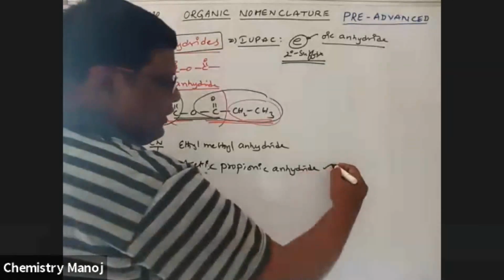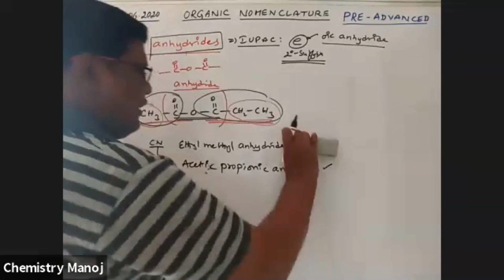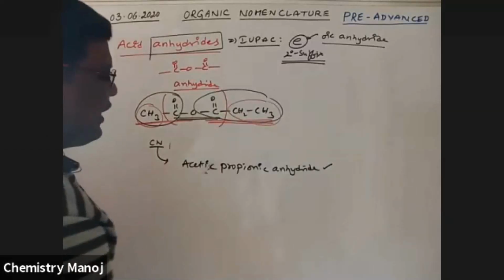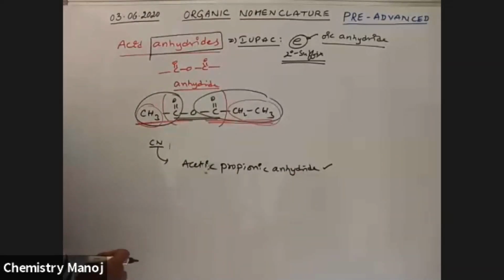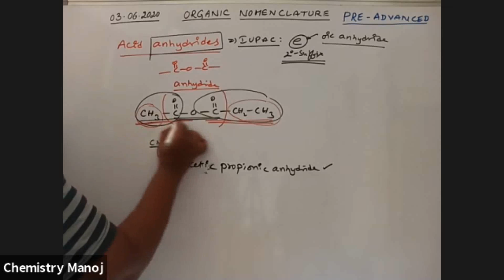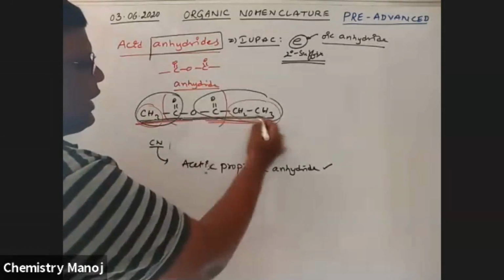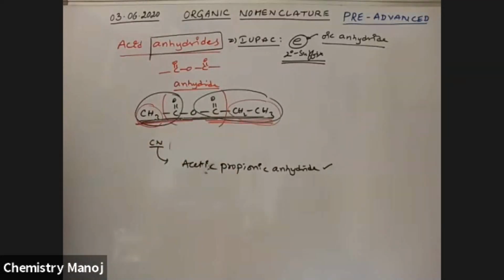It is a better one than this one, so don't use that. Acetic propionic anhydride, because it is from acetic acid and from propanoic acid. That is why it is acetic propionic anhydride.